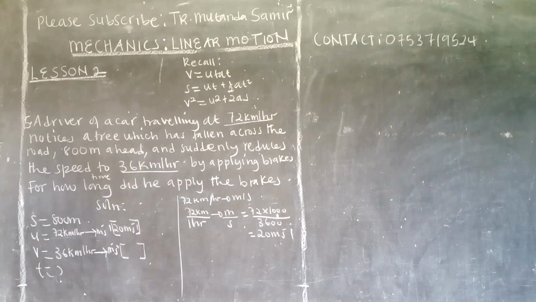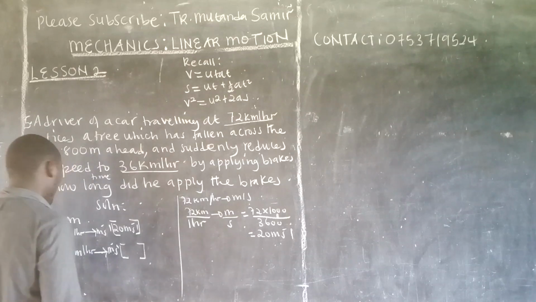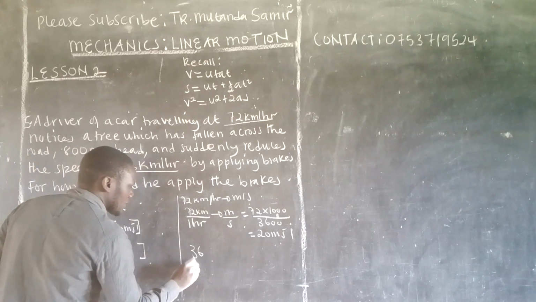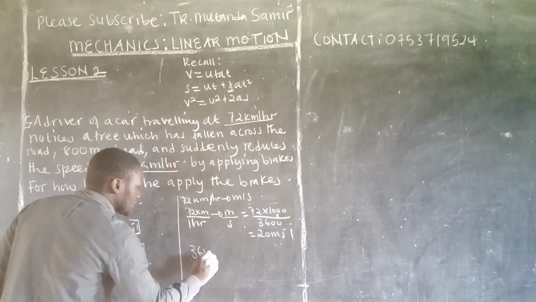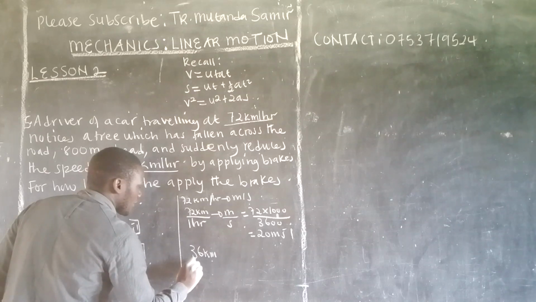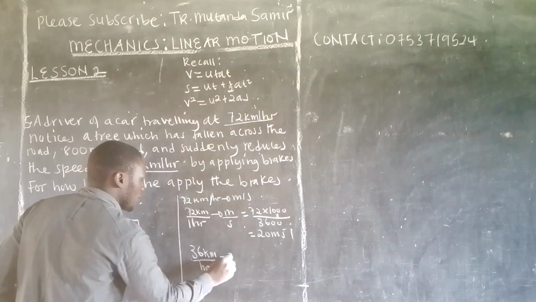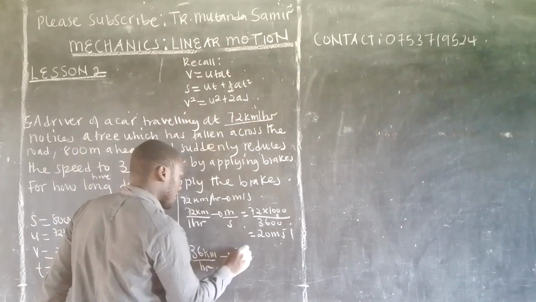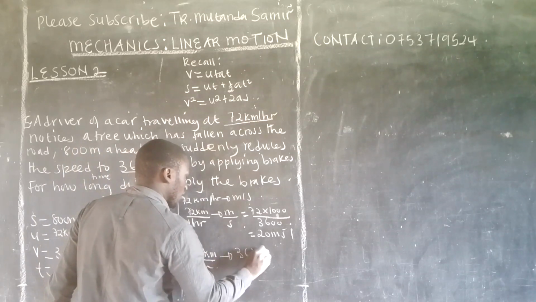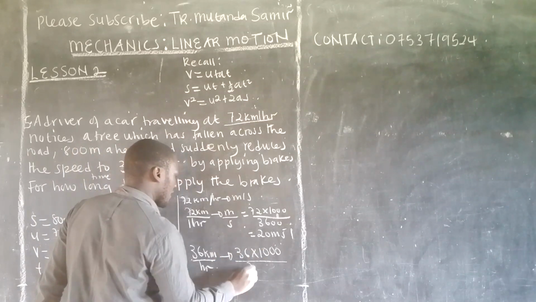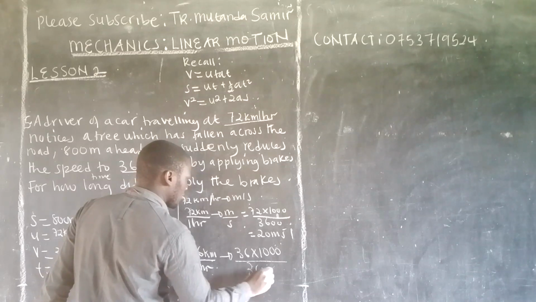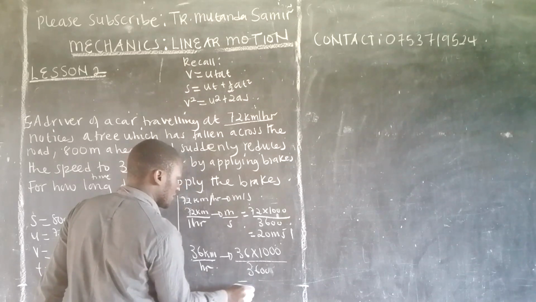Please, these conversions are necessary. Why? We can't deal with kilometers per hour. Okay, go to 36 kilometers per hour. Since I've already explained what it means, I'm just going to go direct. So this will be 36 times 1,000 over 3,600.